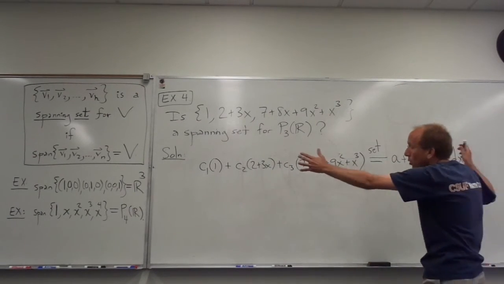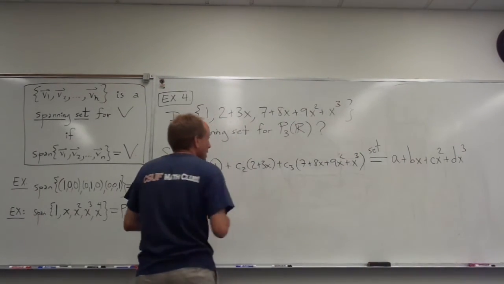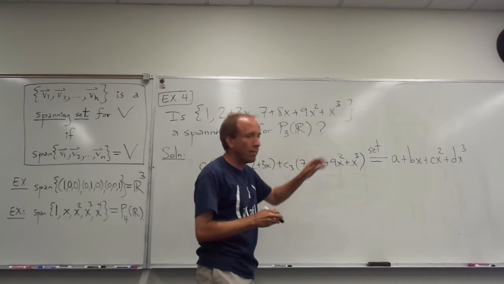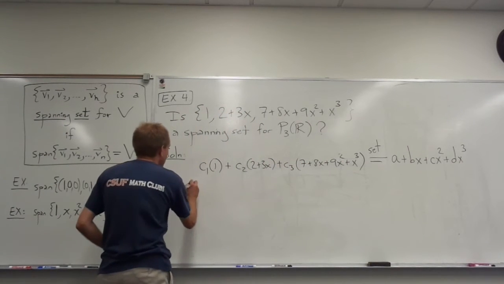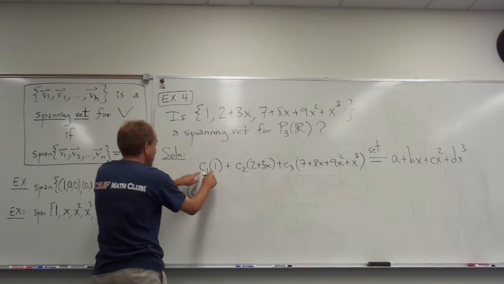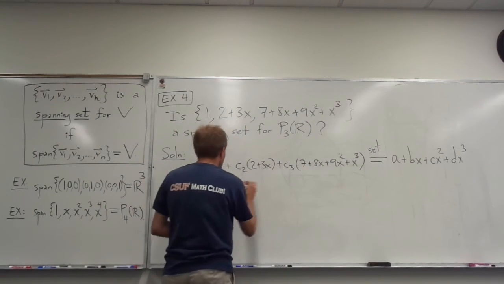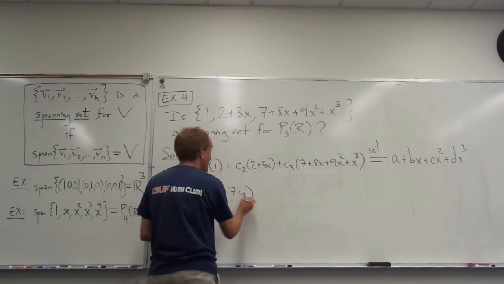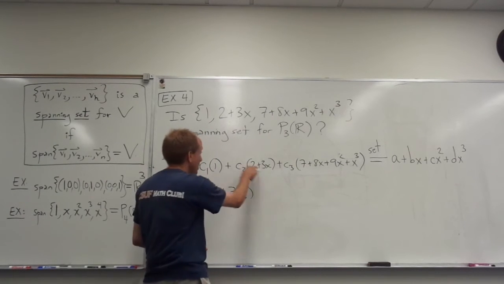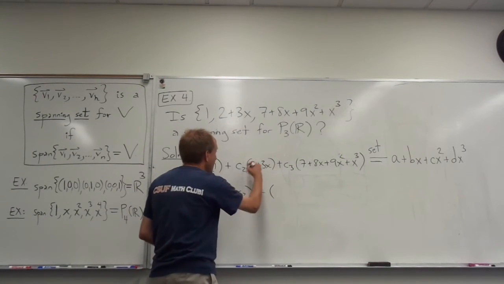This looks like one equation, but it actually can be thought of as several equations. Because look, if I break down the constant terms, here's C1 plus 2C2 plus 7C3. Those are the constants of each of these parts. And then what are the x parts?